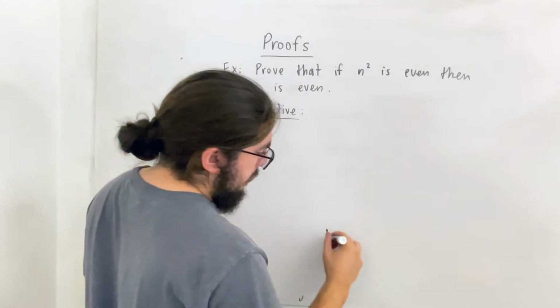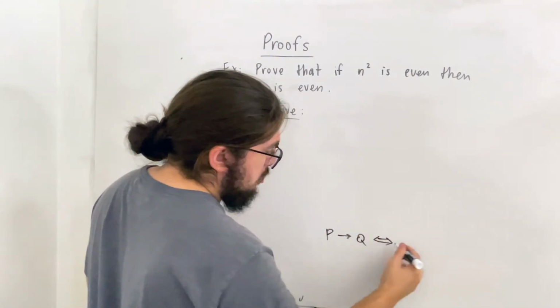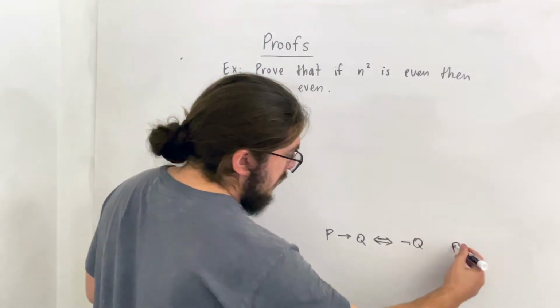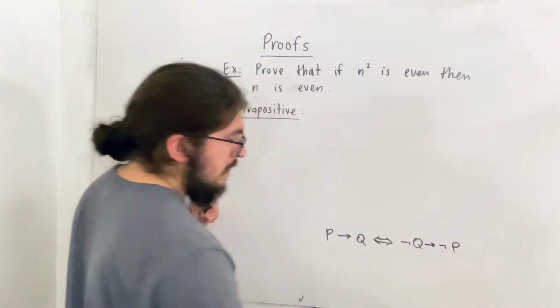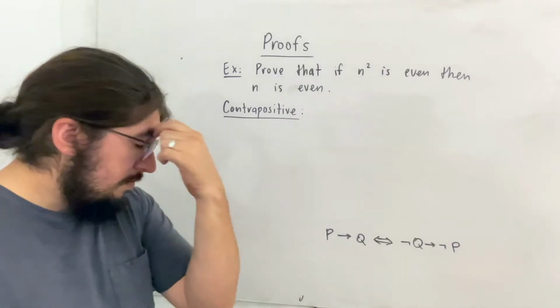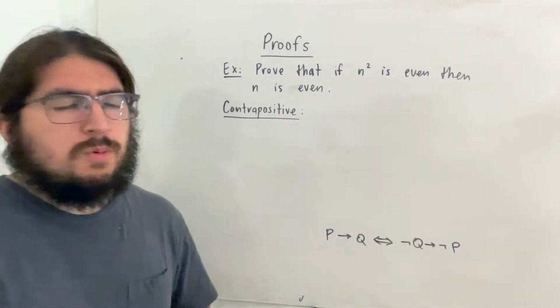This is an implication, and it is equivalent to its contrapositive, which is negating these statements and reversing the implication. So if P then Q is equivalent to if not Q, then not P. These are logically equivalent, and you can see that with a truth table if you want.